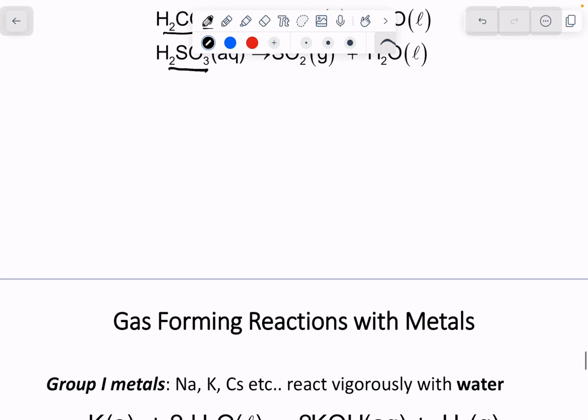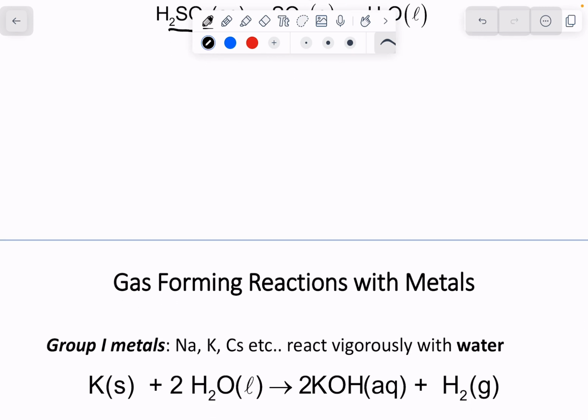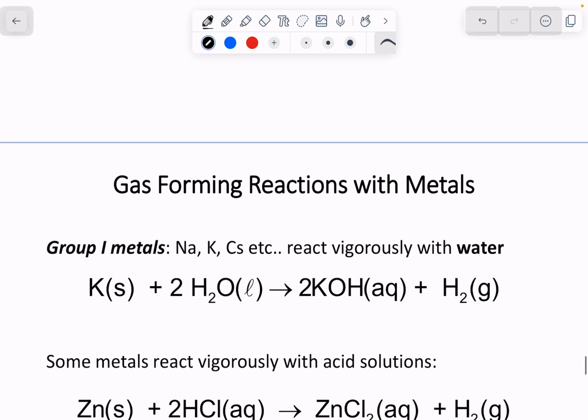And the other thing that can happen is if we have a metal. Notice this is not a double displacement. This is a single displacement where the potassium is going to kick out one of the hydrogens. So this is a single displacement forming H2 gas, okay?